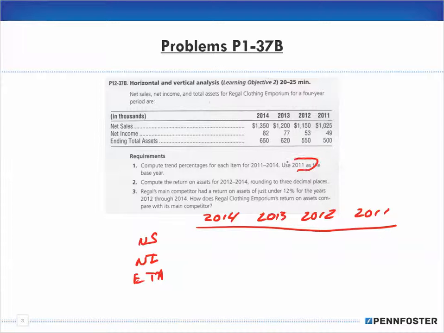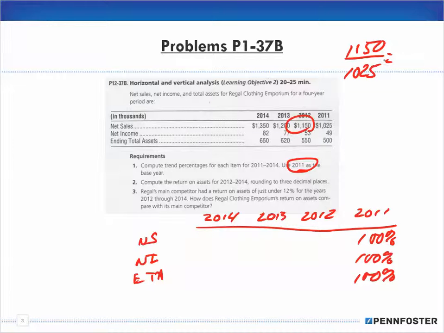And if the base year is 2011, that means it is 100%, because that's the base. So basically what we're doing here is taking one number and dividing it by the other number. In other words, for net sales for 2012, I have 1150 and I'm dividing it by 1025, and that gives me 112%.